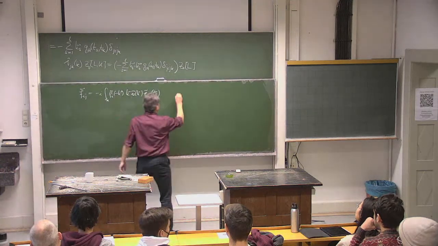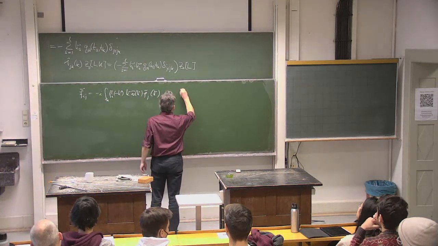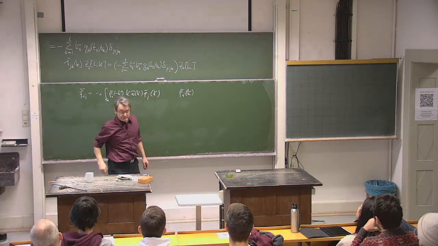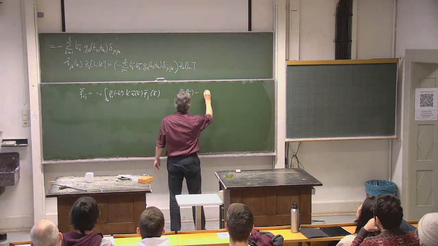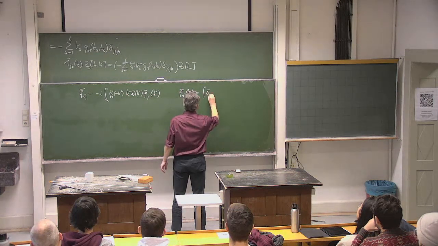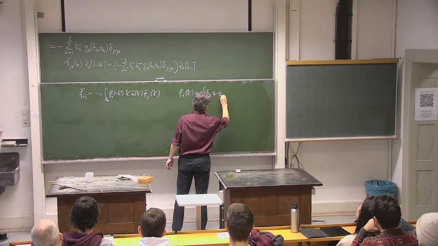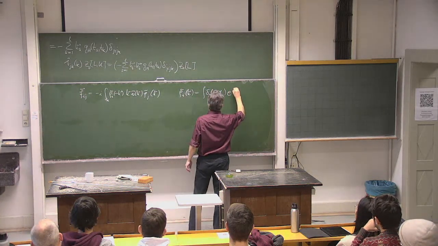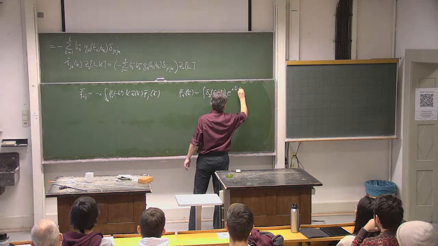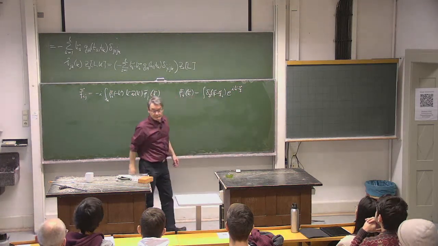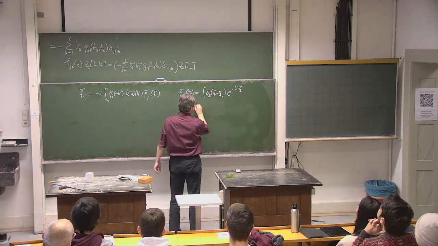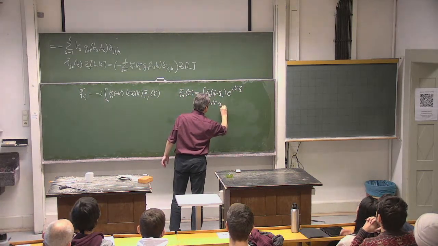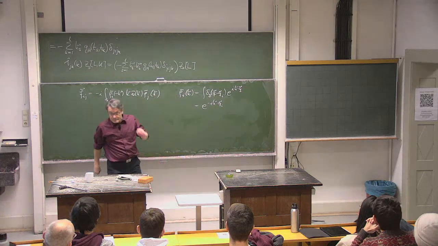Now I'm going to introduce that rho i in Fourier space for wave vector k, which is just the Fourier integral, so this is e to the minus i k times q_i.